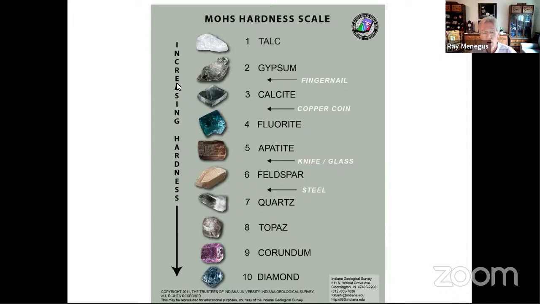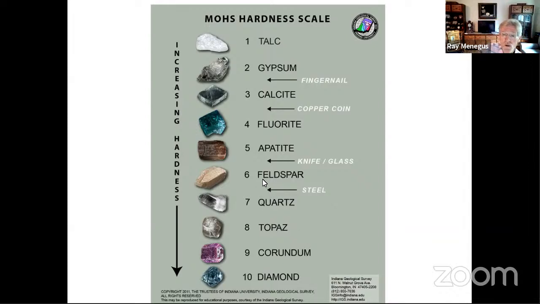Here's a quick, simple scale called the Mohs scale. It's sort of an artificial scale where talc is a 1 and diamond is a 10, diamond being among the hardest natural materials in nature.